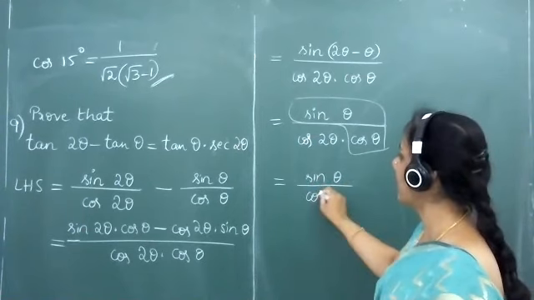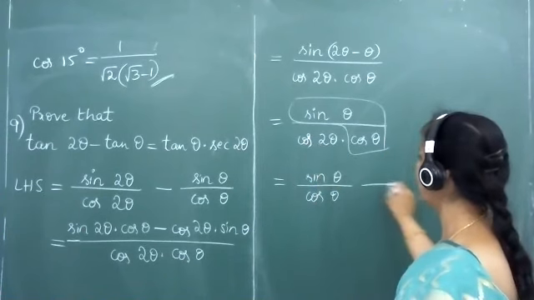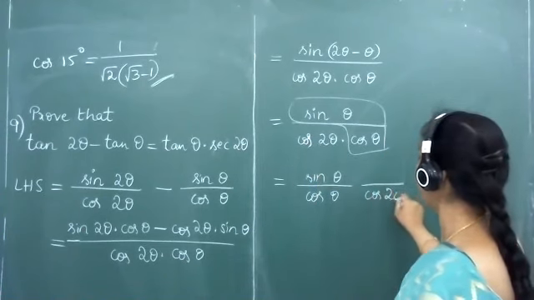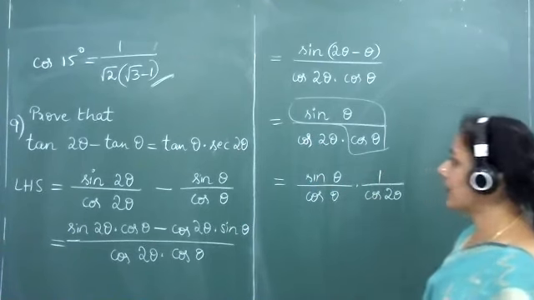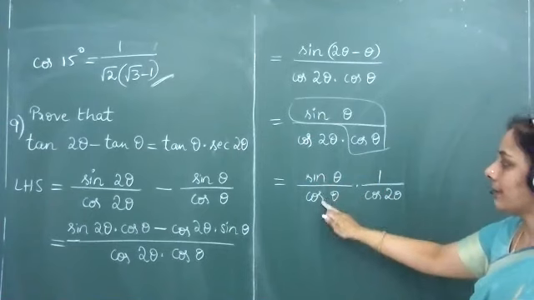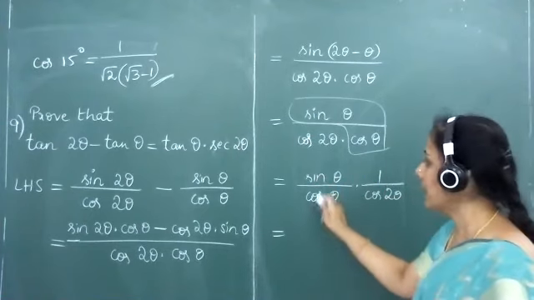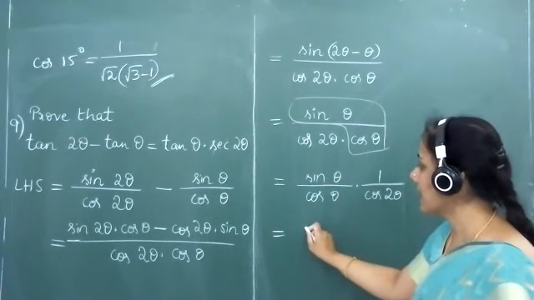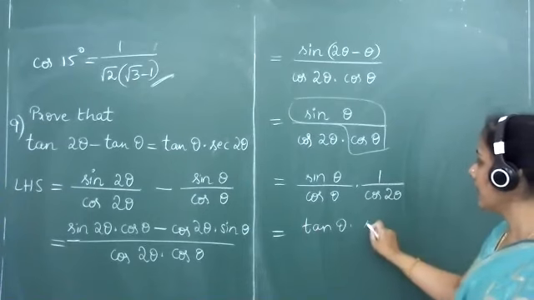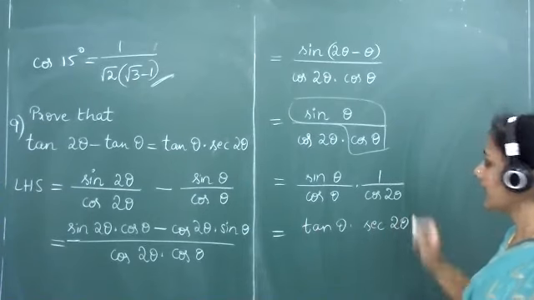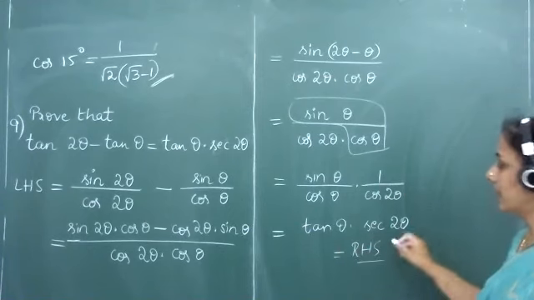Sin theta by cos theta, we will take it as one term. We will be left with cos 2 theta in the denominator. Evidently, it has to be 1 in the numerator. So it basically is sin theta by cos theta into 1 by cos 2 theta. Sin theta divided by cos theta is tan theta multiplied with 1 by cos 2 theta is secant 2 theta. And this is the desired RHS.